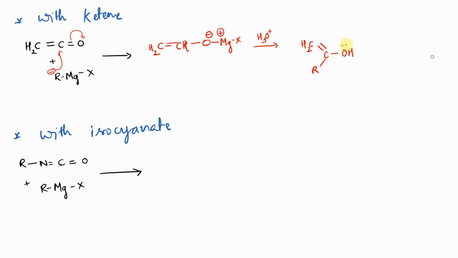Because of the presence of a lone pair of electrons on oxygen, we observe a transformation of the double bond. That is, we get a compound like R, C double bond O, CH3. So this is how ketenes react with Grignard reagent. Ketene when treated with Grignard reagent usually forms a ketone.